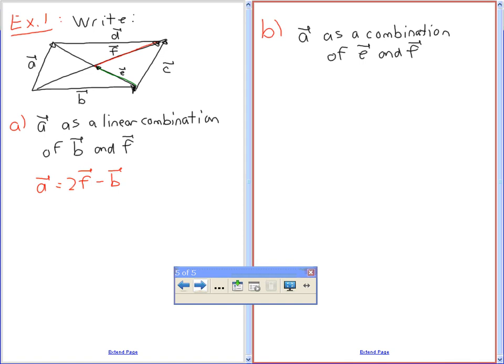I want to get to this, right? E looks something like this. That's what I have to do, right? Because what's going to happen is, this is going to be your A here. F is going to be halfway up there. E is going to be back here. Right, so A is just going to equal E plus F.